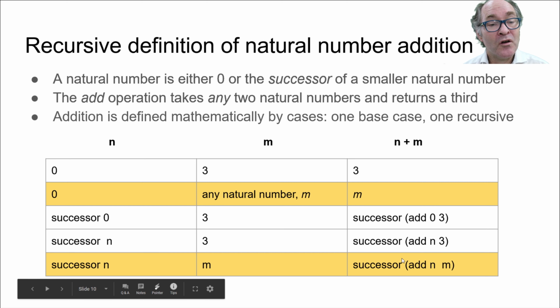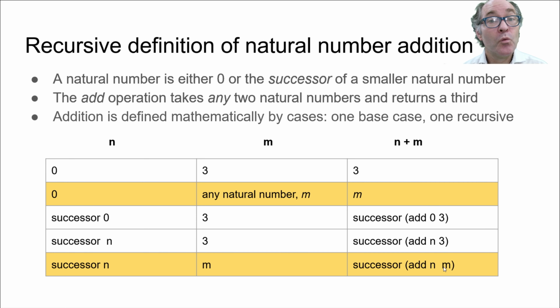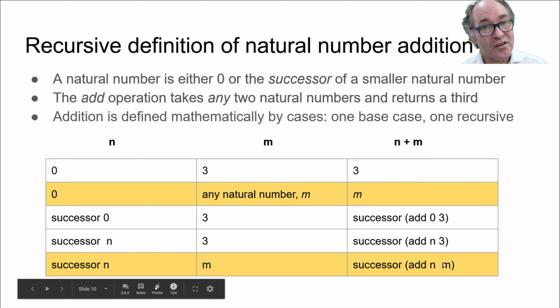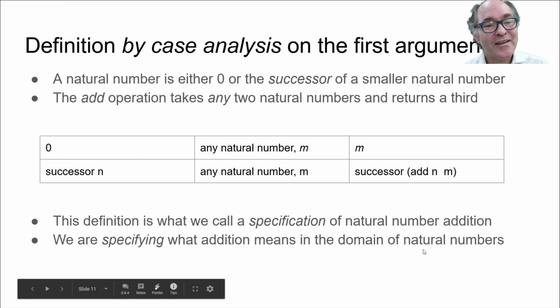And we can only strip away a successor from n a finite number of times. So what we're going to end up with is a whole long string of successors applied to m, which is a natural number, which is some more successors maybe, or 0.